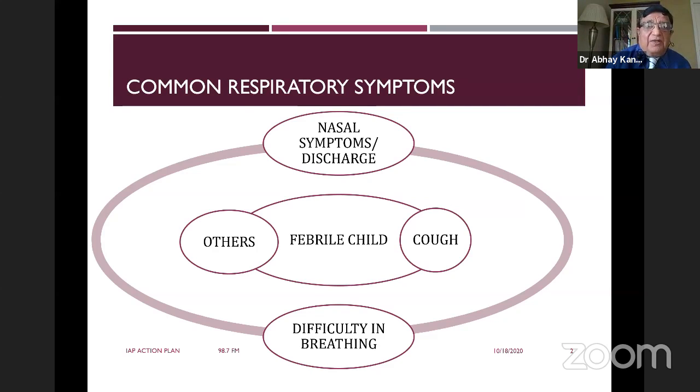So these are the common symptomatology with which a child with respiratory infection will present to us along with fever. So we have fever with nasal symptom, fever with cough, fever with rapid breathing, and fever with ear problems.